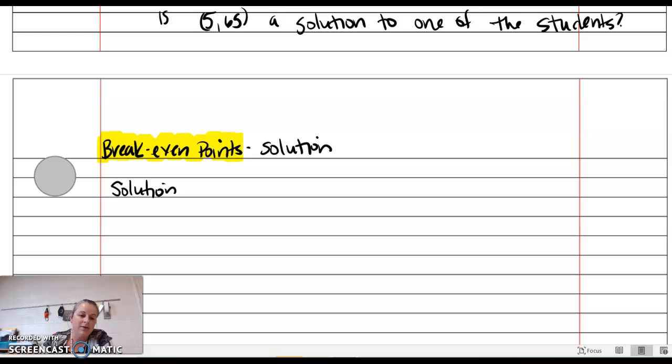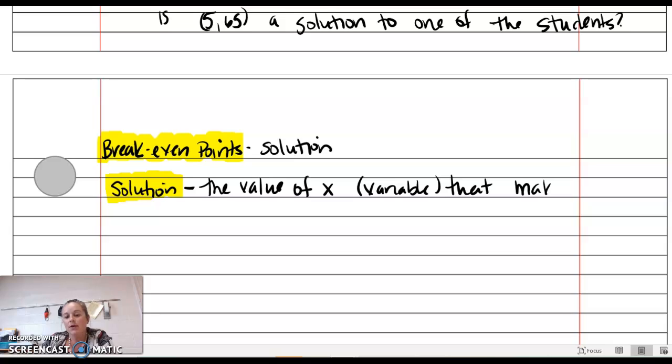What does that mean? Solution is the value of x or any other variable that they want to use that makes the equation true.